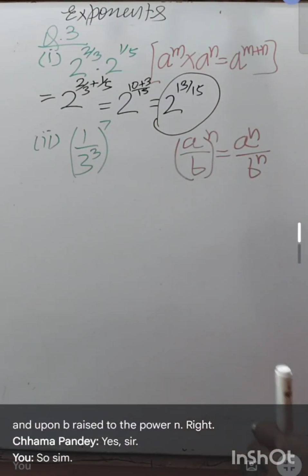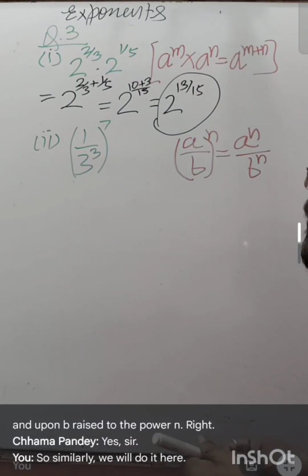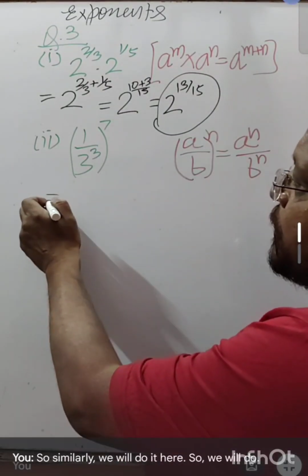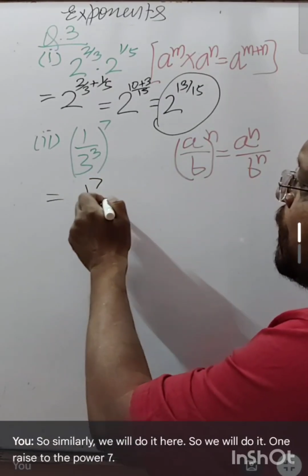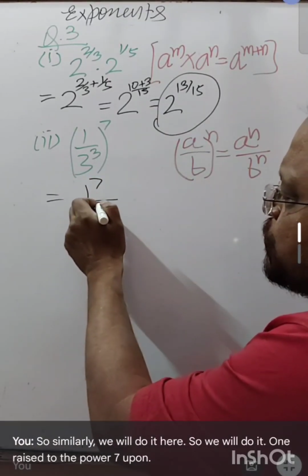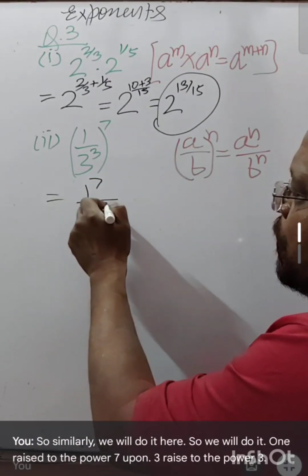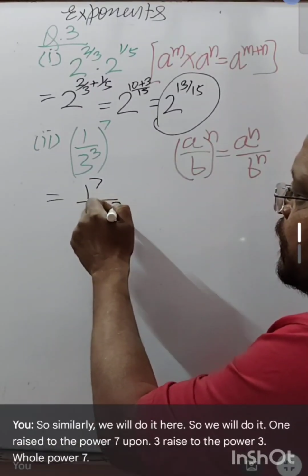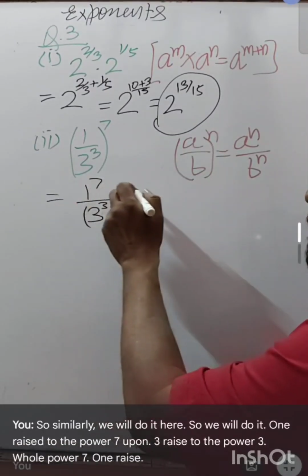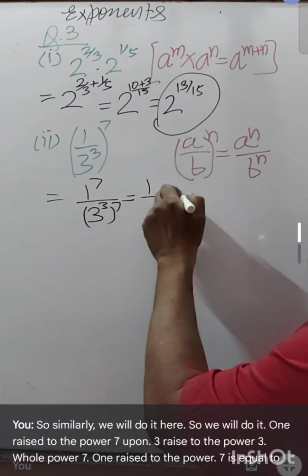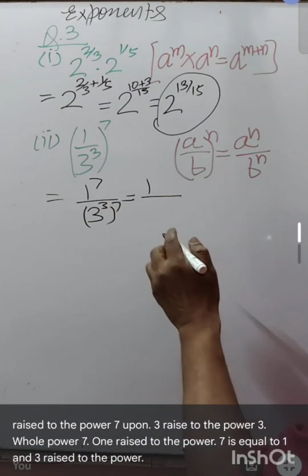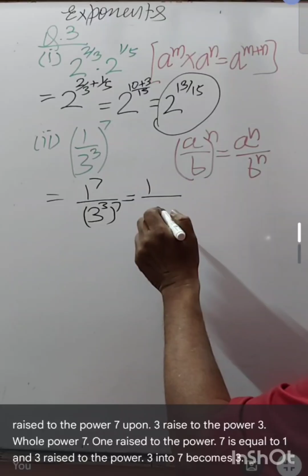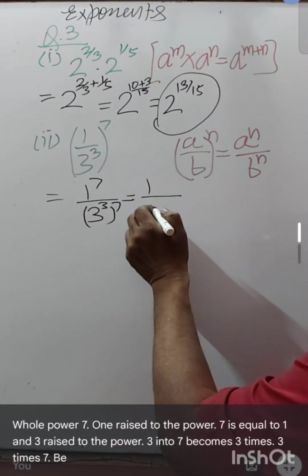So similarly we will do it here. 1 raised to the power 7 upon 3 raised to the power 3 whole power 7. 1 raised to the power 7 is equal to 1, and 3 raised to the power 3 into 7 becomes 3 times 7 becomes 21.